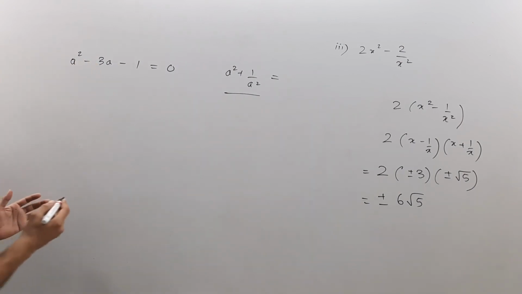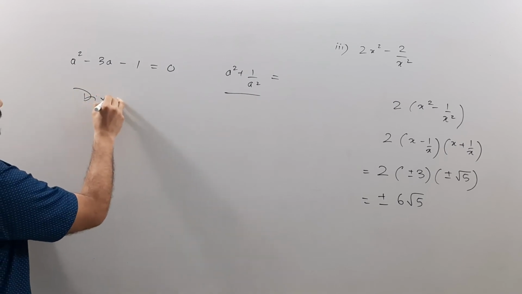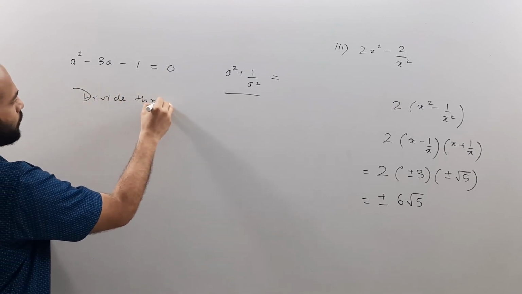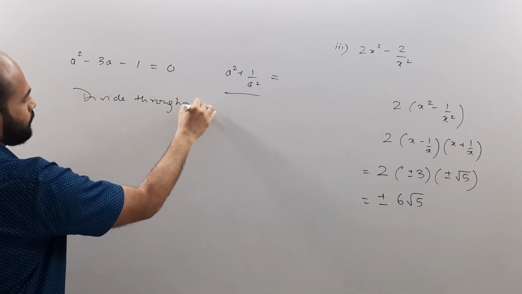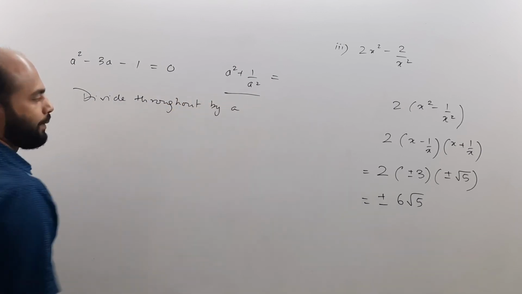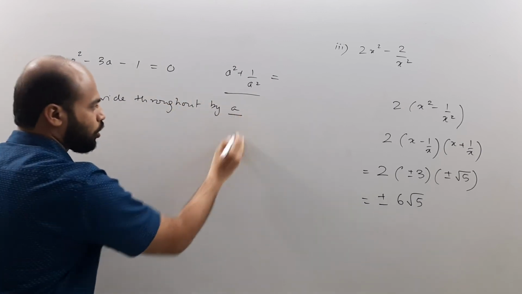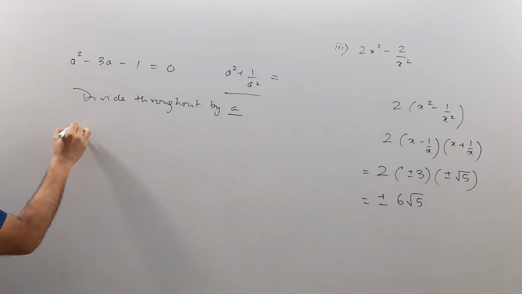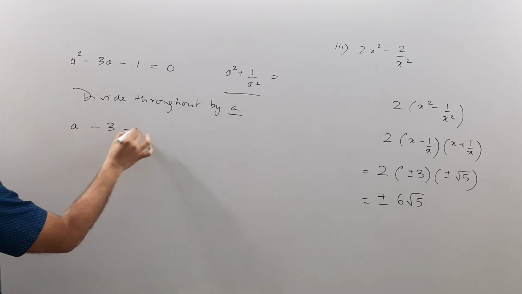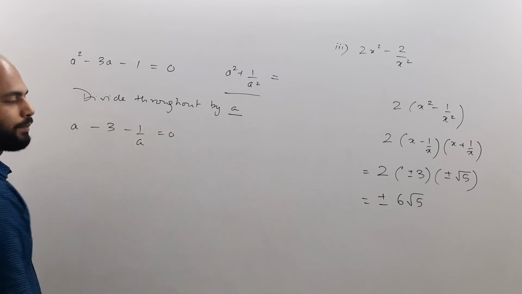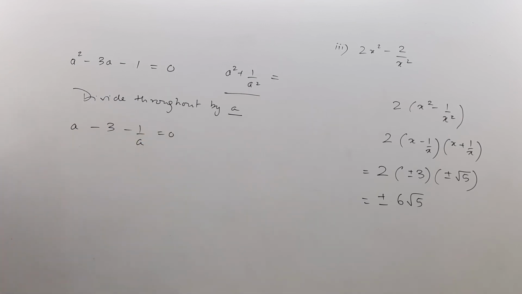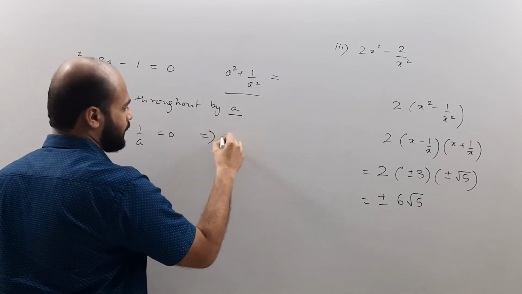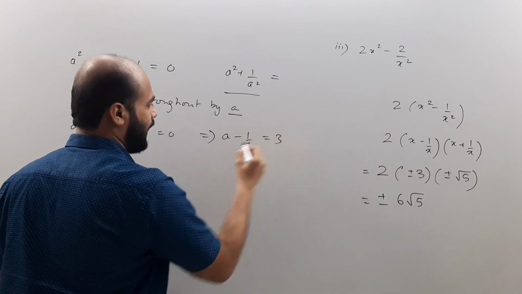What I do now over here is divide throughout by a. If I divide throughout by a, then this expression will be like a minus 3 minus 1 by a. So we get a minus 1 by a as 3.